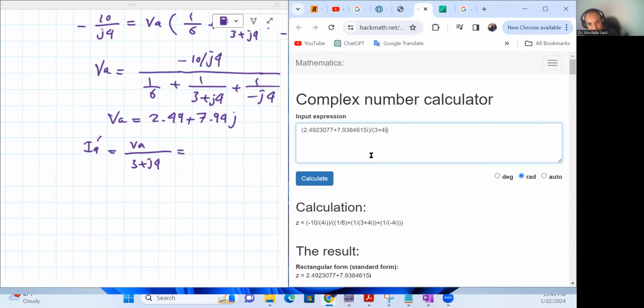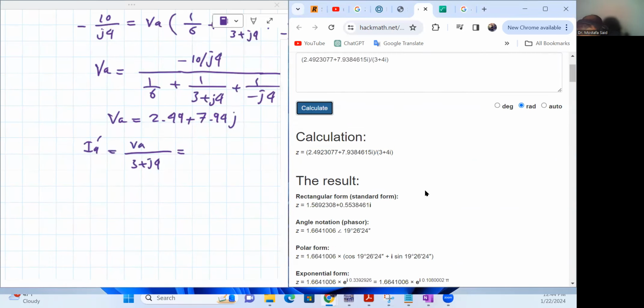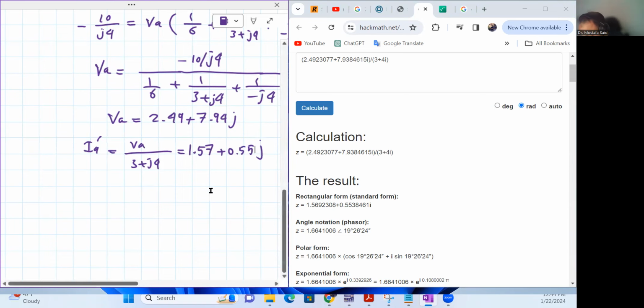It will be translated differently if you write it i4, so please write it 4i. Please calculate. Good. So IA dash is 1.557 plus 0.55j. Let's review, yes, that's the same answer that I get. I have to have the same answer, or very close to it.